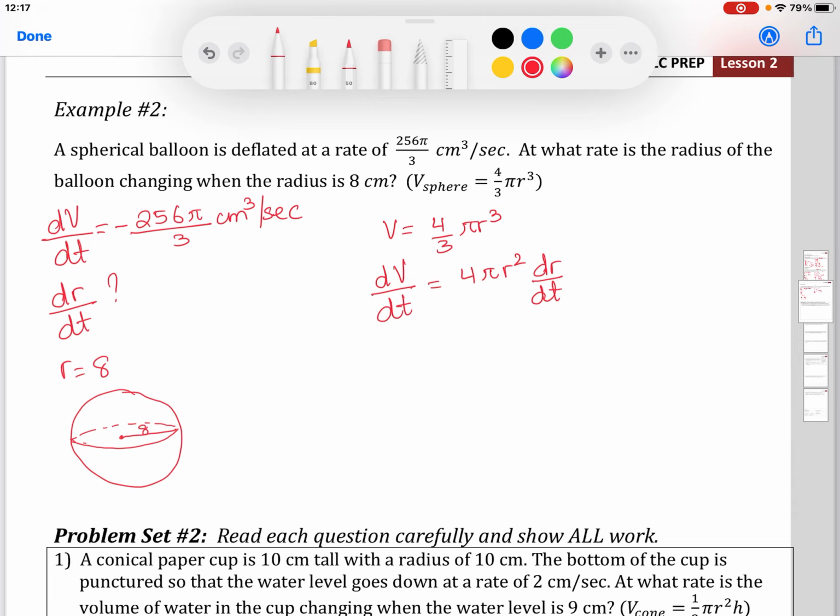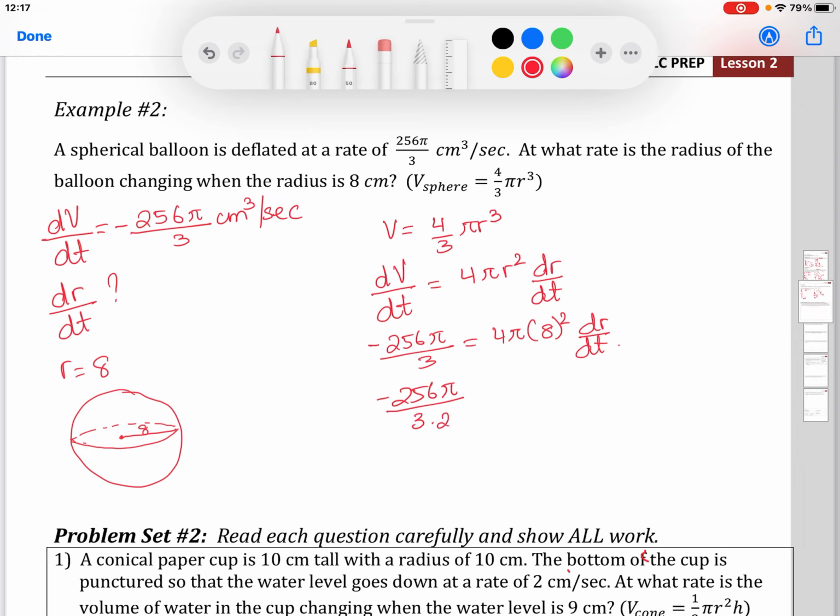So now all I need to do is substitute in. My dV/dt is negative 256 pi over 3 equals 4 pi r squared dr/dt. So I'm going to divide this by, 8 squared is 64, 64 times 4 is 256. So basically my 256's will cancel out, and the pi's will cancel out, right?